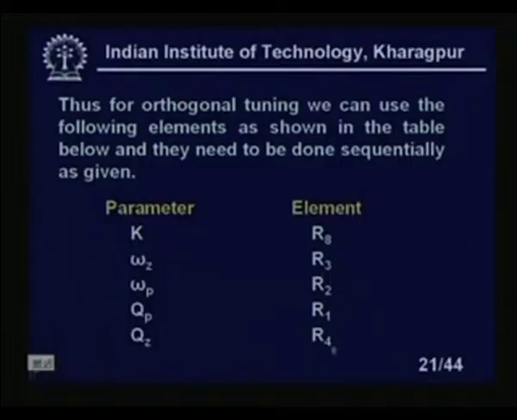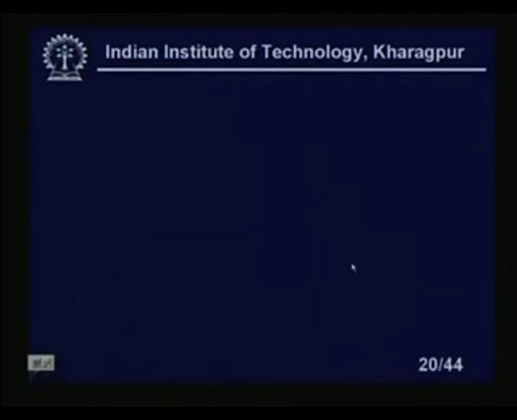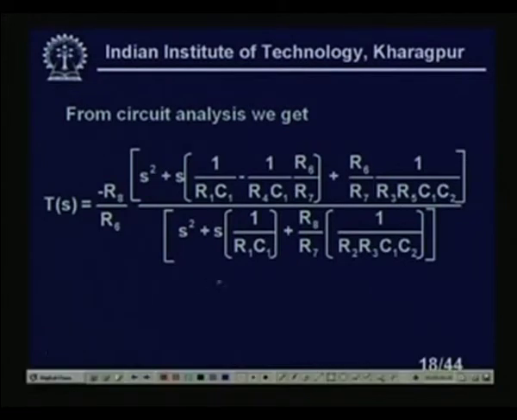You have to go in this particular sequence, otherwise there will be a problem. Let us look at examples of tuning R8 for K and R3 for omega z. You see here, for K we are using R8 and for omega z, R3.